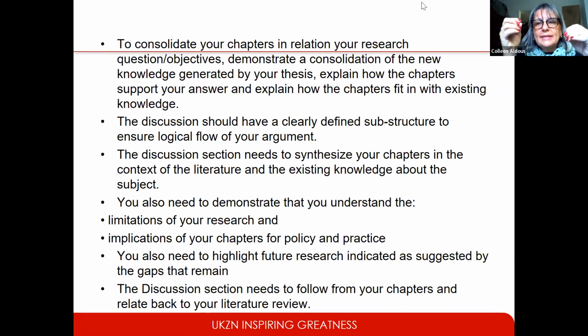Just to give you an idea of where literature should be included, if I was to look at a thesis that starts with an introduction and then a scoping review as the literature review and consecutive papers, which doesn't always happen. Sometimes you change the order of the papers and a discussion.